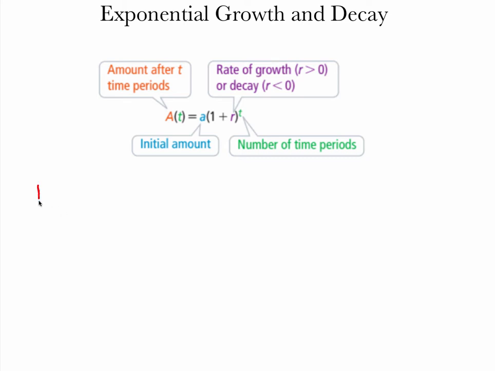Now I want to talk a little bit about the rate. A lot of times we give rates as percentages. So if I say it's growing at 5%, then I don't want to put 5% in my formula. I will put it over 100 or put it in decimal form.